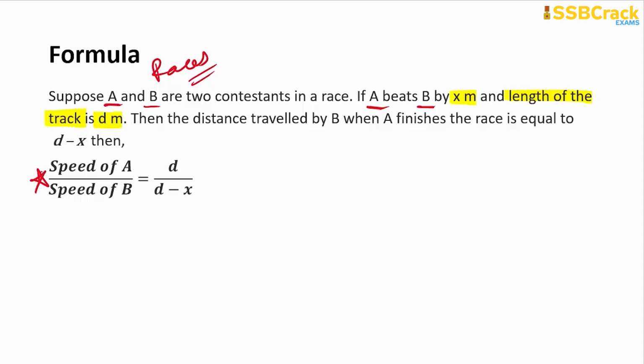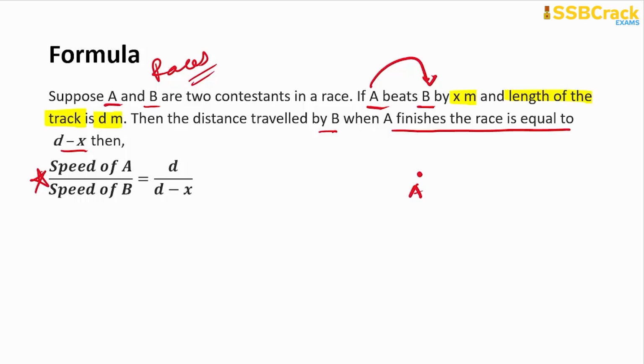Then the distance traveled by B when A finishes the race is equal to d minus x. Agree? Because it is provided that A is beating B, it means A is ahead of B by a distance of x meters. So what will be the distance covered by B by the time A finishes the race? It's obvious.